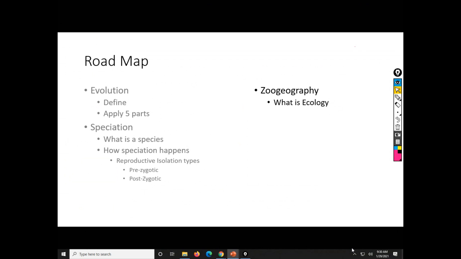So we can get an idea of how these two things are associated together, right? Animals or species and their environment.